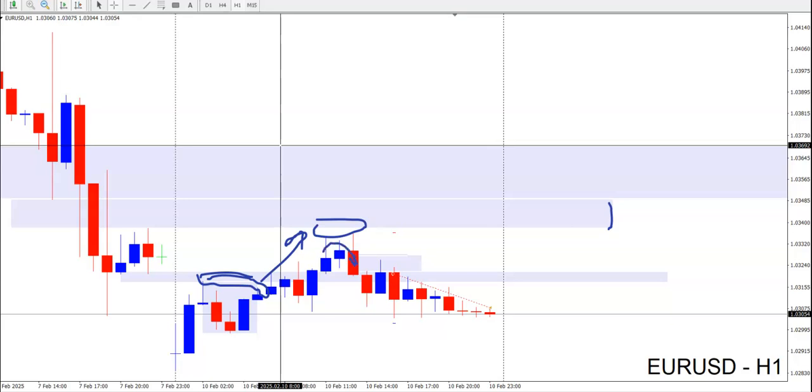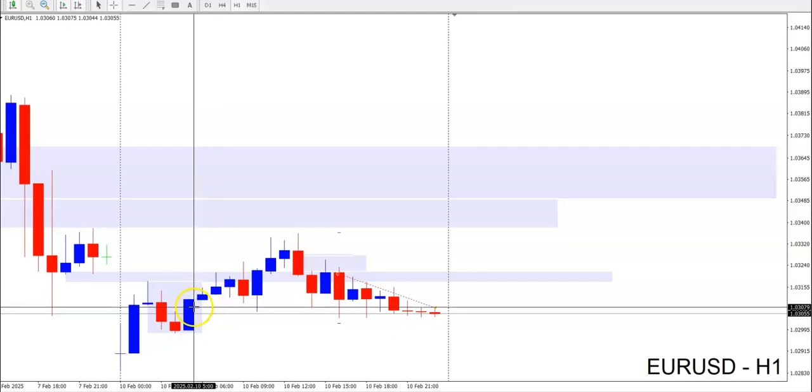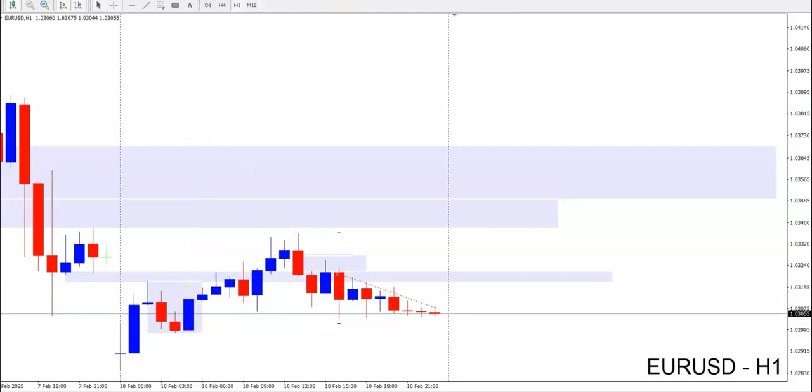Now of course on the 1 hourly, what we see here is also a bit of a bullish fair value gap zone, and therefore we were not interested to trade a potential market structure shift on the lower time frames exactly here, because this is the bullish 1 hourly fair value gap zone.